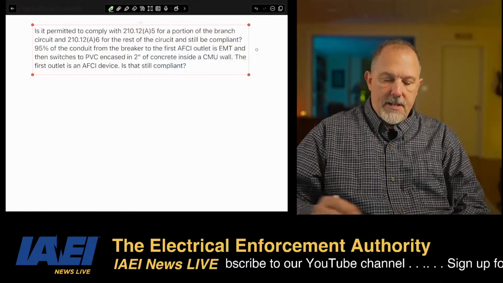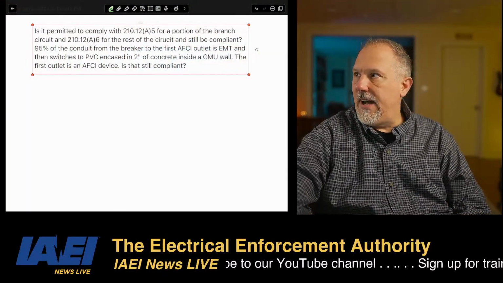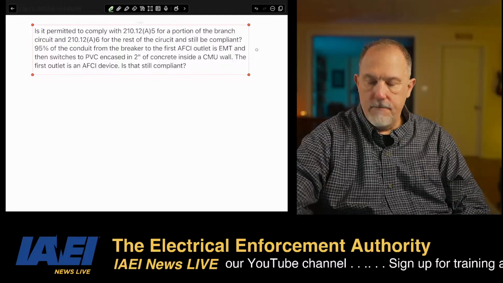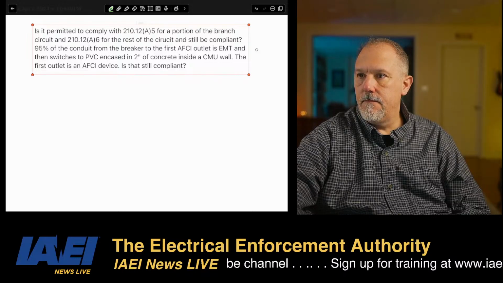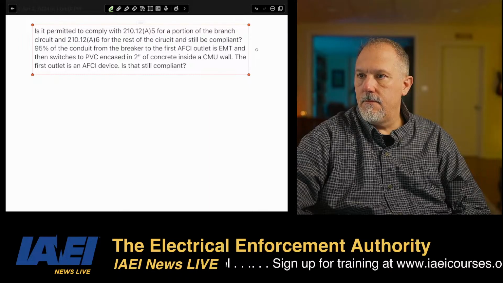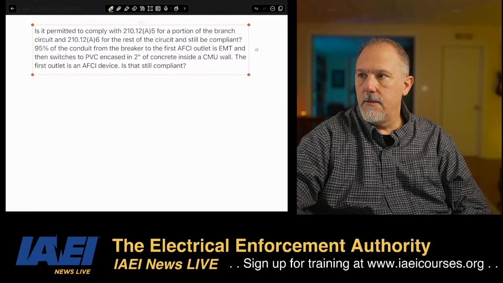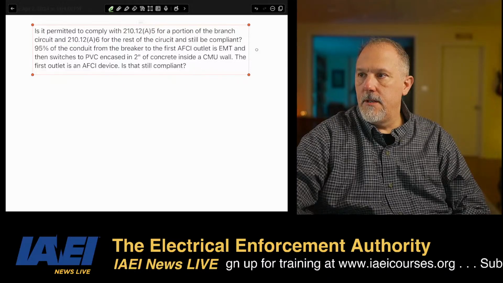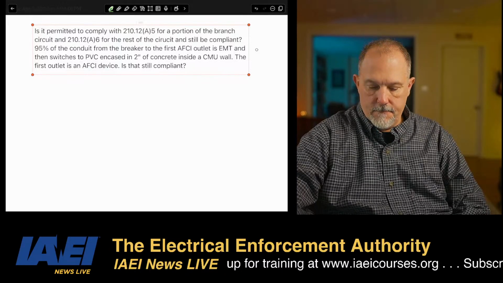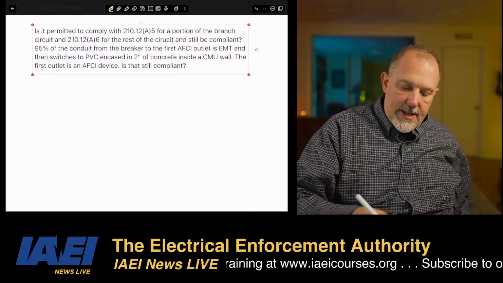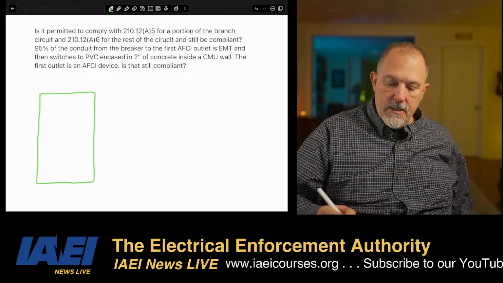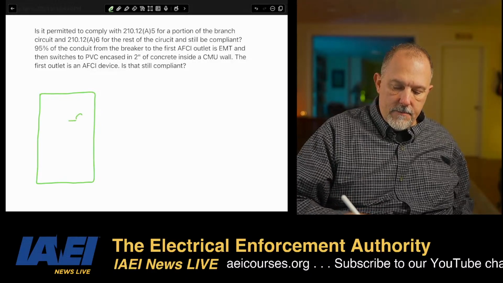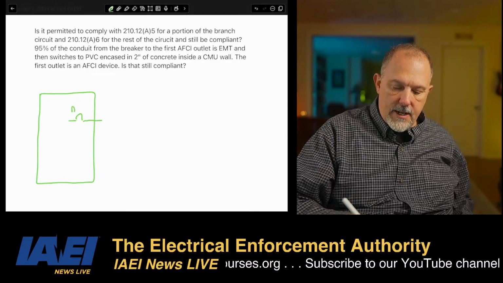Is it permitted to comply with 210.12(A)(5) for a portion of the branch circuit? So if I have my panel board and I have my breaker, say this is an AFCI.